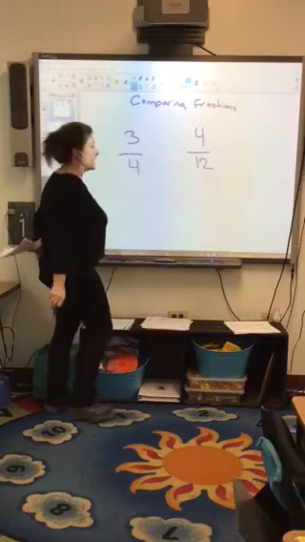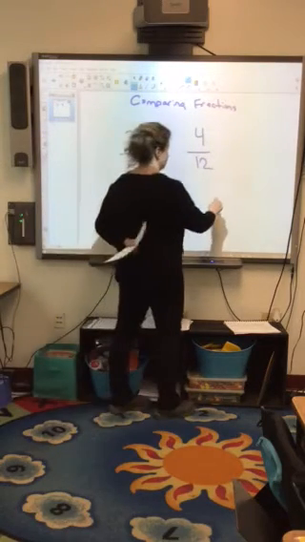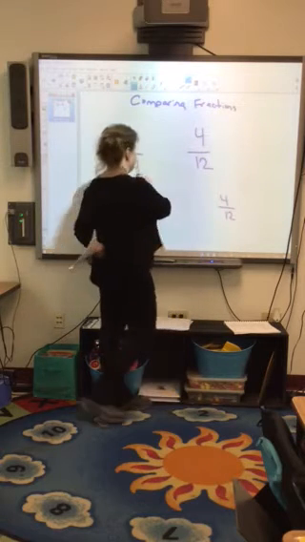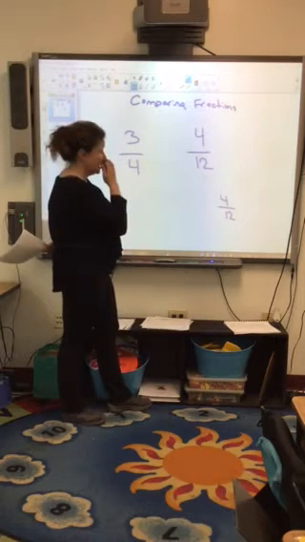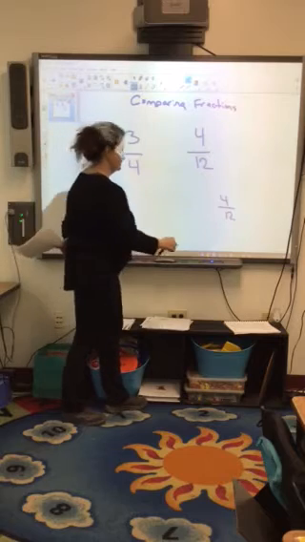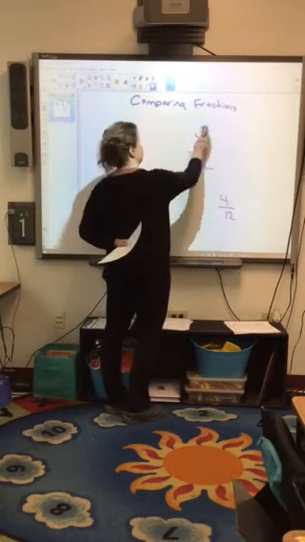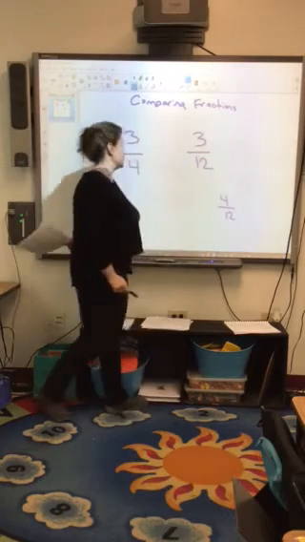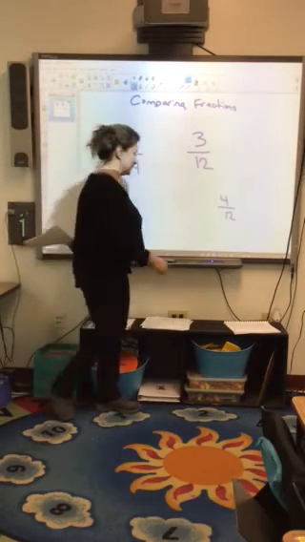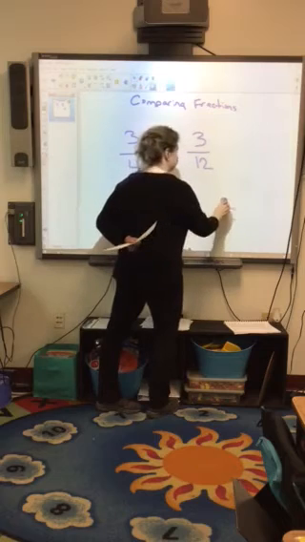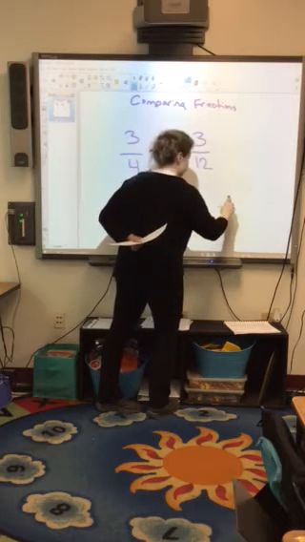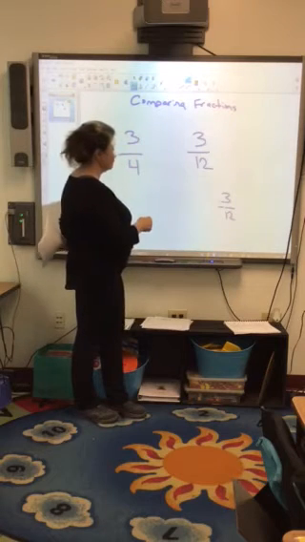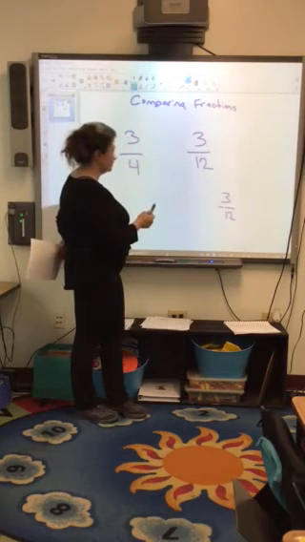I'm going to simplify 4/12. I know that I need to get 12 in the form of a 4. Ah, shucks. I was right the first time. 3/12. We're going to compare 3/12 and 3/4. Sorry about that. Okay. We're going to simplify 3/12 and compare it to 3/4.